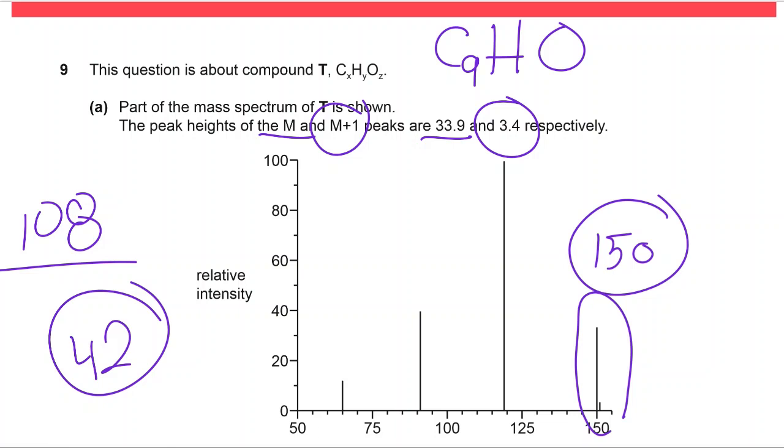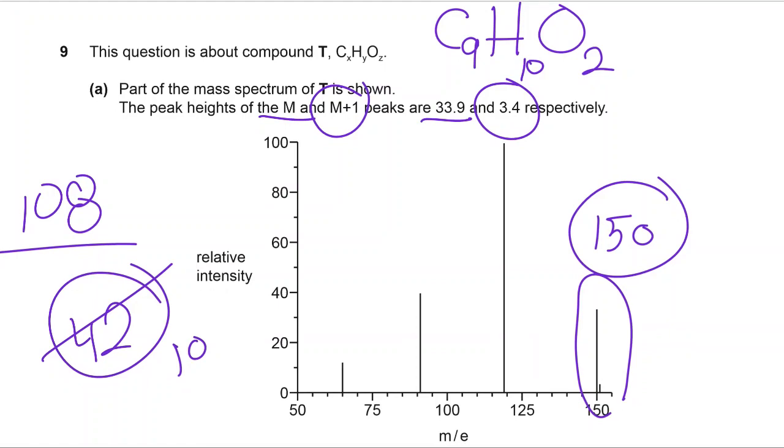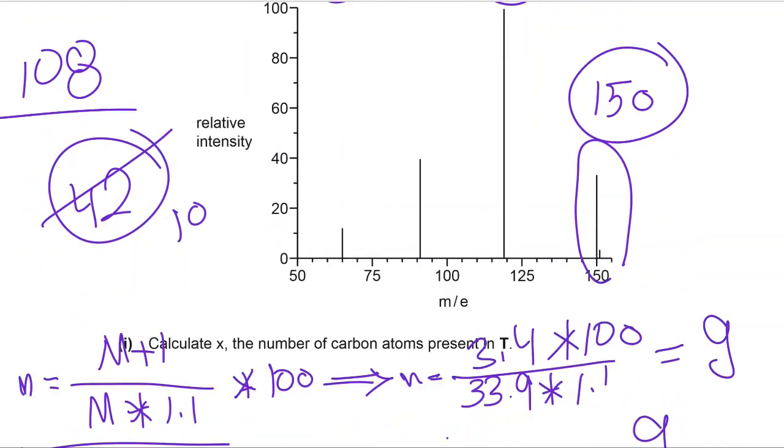This 42 could be 2 oxygens, which is 32, and 10 hydrogens. If we add 2 oxygens, we subtract 32 from 42, and we have 10 hydrogens. So your compound is C9H10O2.